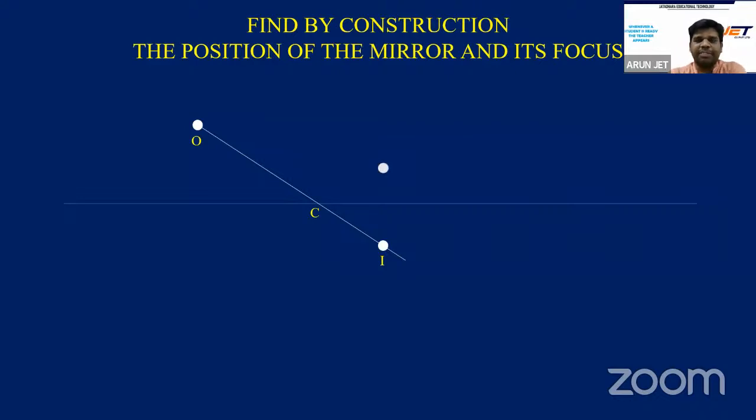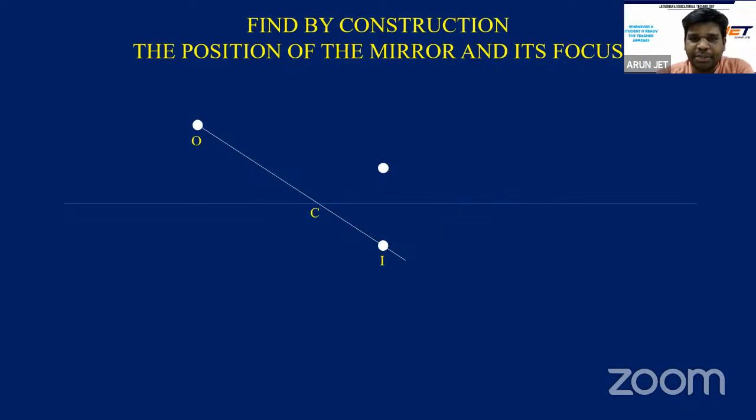Now what I do, I take the mirror image of the image I about the principal axis and call it I prime. All right, look at the strategy, students. Look at the logic of the argument. Interesting argument. Now I join object and the image prime. That will intersect the principal axis at the pole of the mirror because that will go symmetrically with respect to the principal axis.